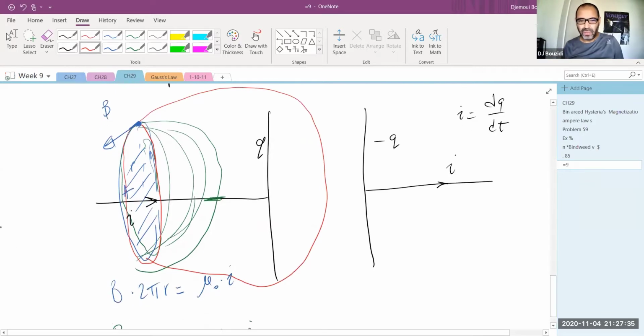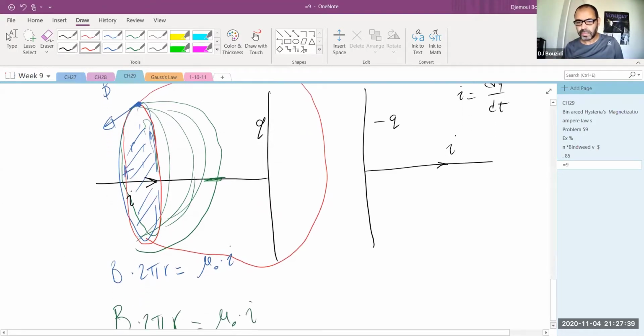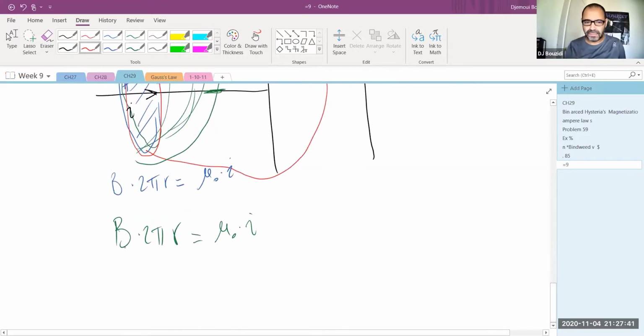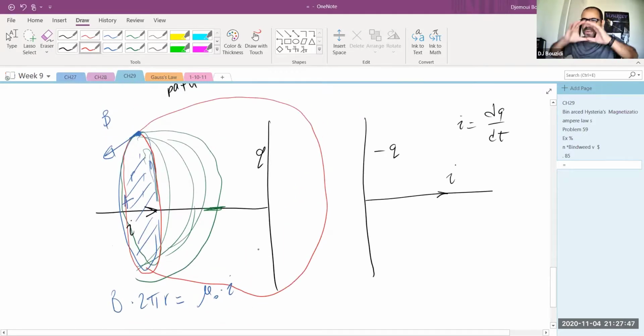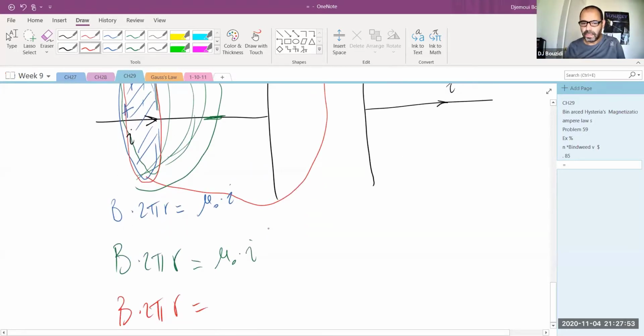From one side, the path did not change, so it's still B times 2 pi r. On the other side, it's mu naught crossed with this area. Remember, this is an inflated area; there is no wire that crosses this one. So on the other side, it's 0. That is the essence of the inconsistency in this law.